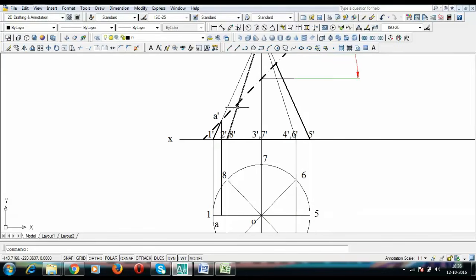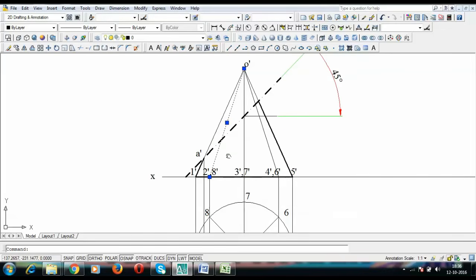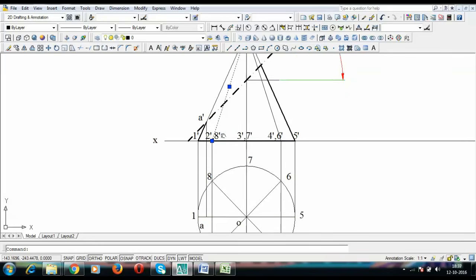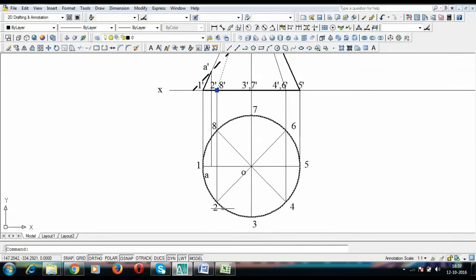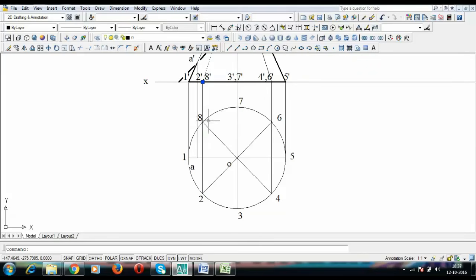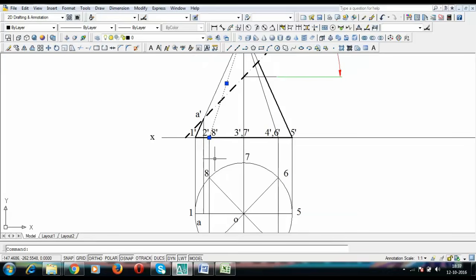Then we have this particular point of intersection. Now if you see this, I've highlighted this line over here. This represents O dash 2 dash 8 dash. Actually there are two generators over here, one at the front from O to 2 and the other one at the back, that is O to 8. So there are two cutting points, and let's name them.